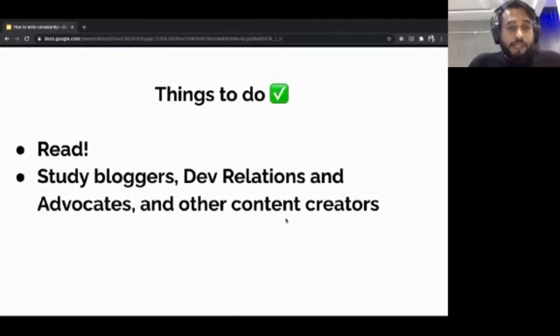This is something I have learned a lot from Twitter. Basically, people share from different backgrounds, from different job profiles, from different titles.